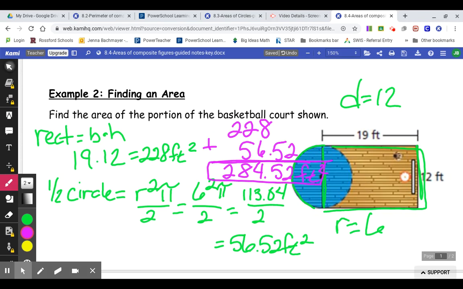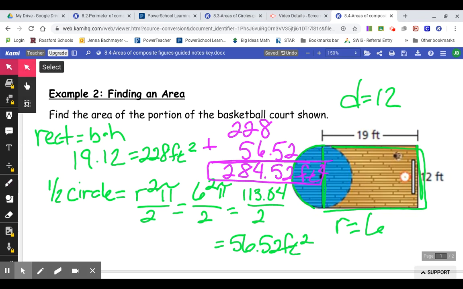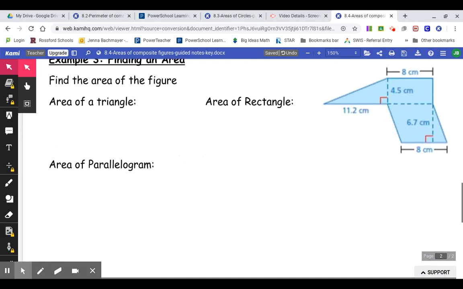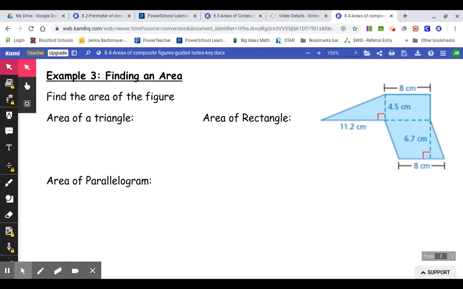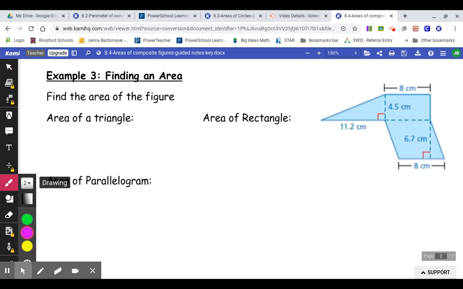Okay, let's look at our example 3. We need to find the area of this figure to the right. So we have 3 different shapes within this figure. We have a triangle, we have a rectangle, and then we have a parallelogram down here at the bottom. The area formula for a triangle is base times height divided by 2.